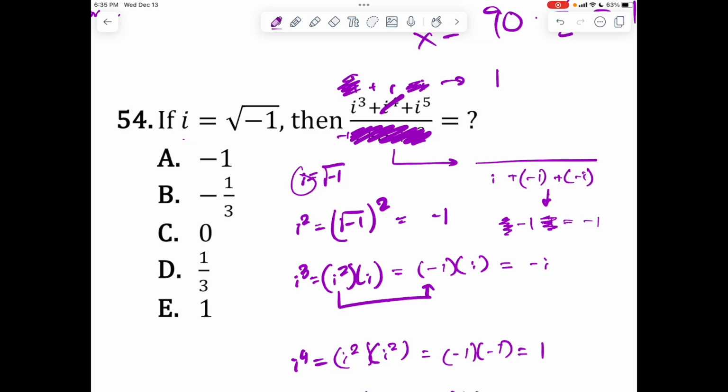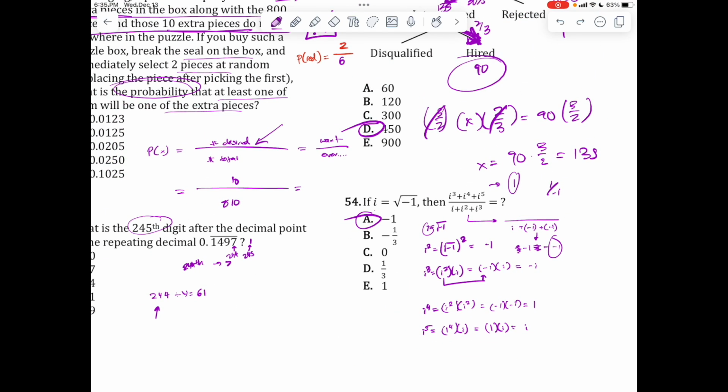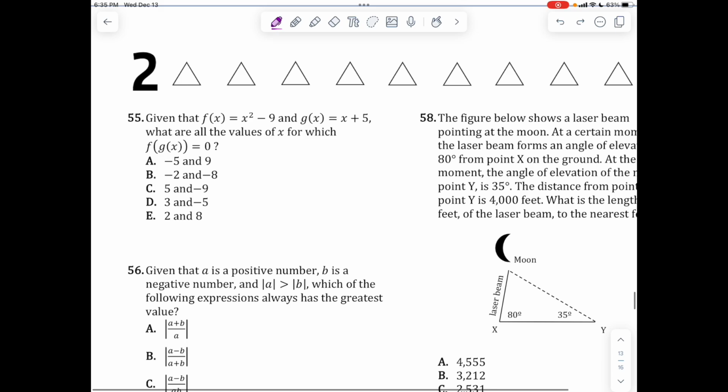So 1 on the top, -1 on the bottom, that gives you 1 over -1, which is equal to -1. So what we did is we took this horrible looking problem that looks very messy and unsolvable, and we reduced it to this. We took this and leveraged it for each of these individual steps, and we were able to get a solution. So that's how you do that one.